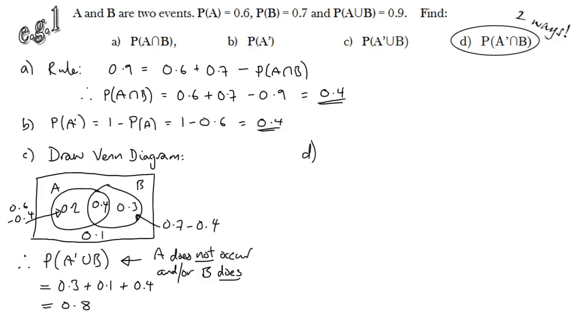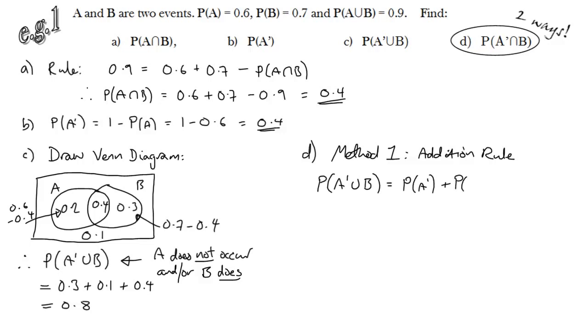Right, part D. It says to do this two ways, and we're going to do it two ways. Method 1 is to use the addition rule. If we write down the version of the addition rule for this situation, the probability of not A union B is the probability of not A plus the probability of B minus the probability of the intersection of not A with B. We know that, stick that in, we know that, and we know that as well.